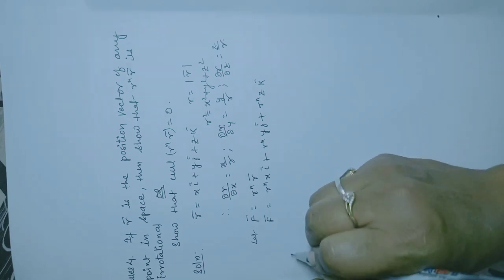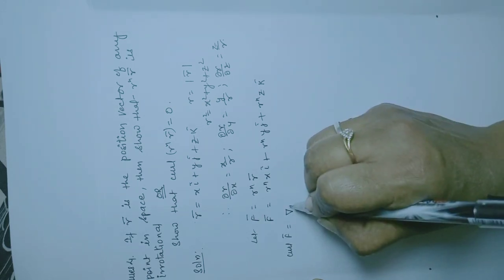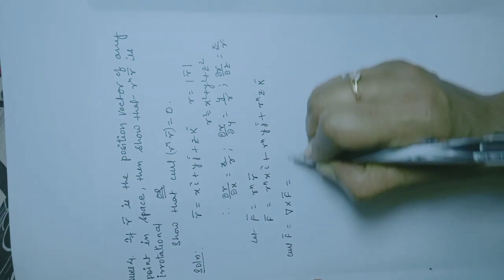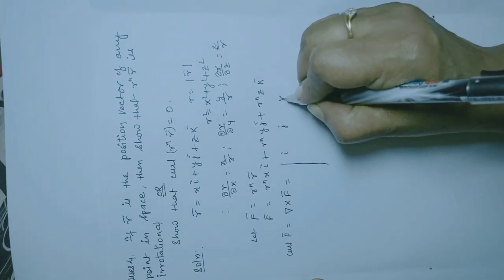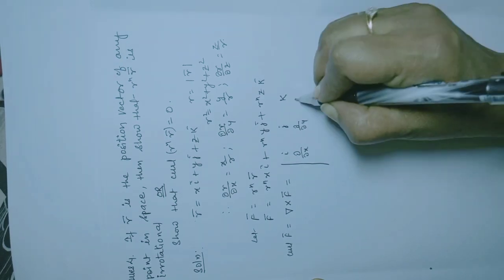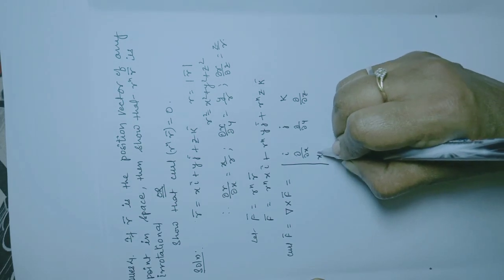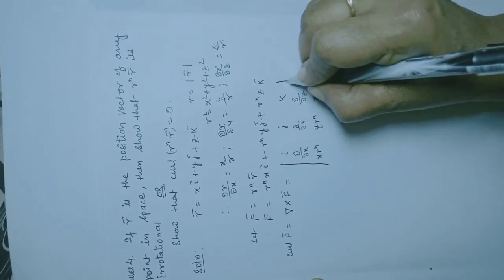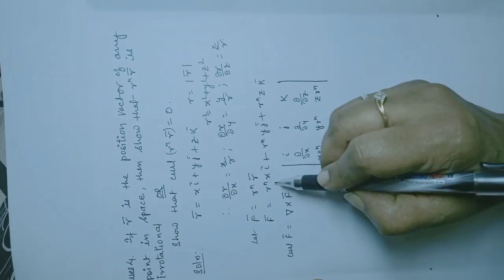So now the curl of this vector, that means the vector operator cross this vector f, is nothing but the determinant of i, j, k, del by del x, del by del y, del by del z, and substitute these values: x r to the power n, y r to the power n, z r to the power n.